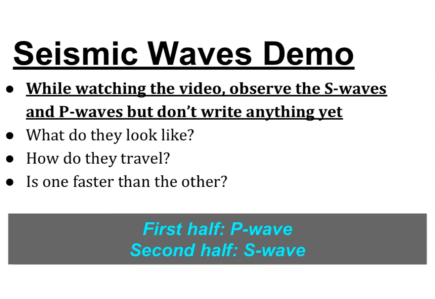Some of the things that you want to look for are, what do they look like? How do they travel? Is one faster than the other one? And then a little box will pop up and you can share your observations in Edpuzzle. The first half of the demo, you're going to see the P wave, and then the second half of the demo, you're going to see the S wave.